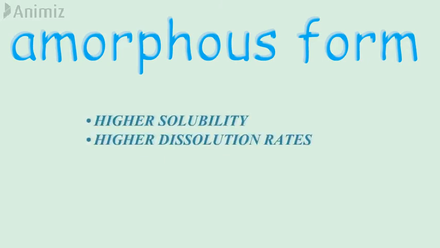Amorphous forms have higher solubility and dissolution rates than crystalline forms owing to their higher thermodynamic energy. For the same reason, they are unstable too. This thermal instability can occur during bulk processing or within dosage forms, so it is the major disadvantage for an amorphous form to be developed into a dosage form.